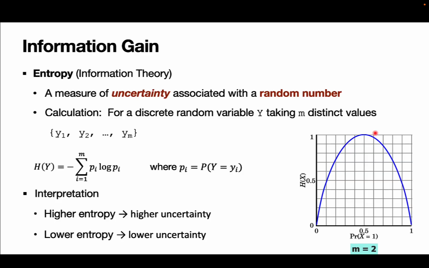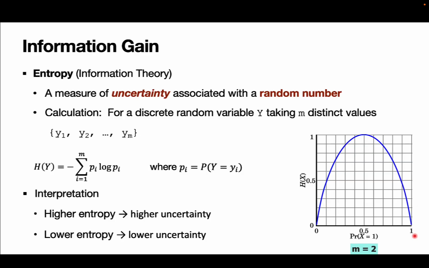But let's say if the probability was 0.01, then this is more likely to be a 0. Or if the probability was 0.9, this is more likely to be 1. So entropy quantifies this uncertainty mathematically.